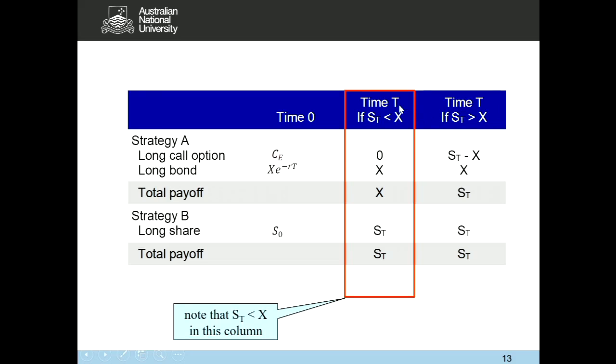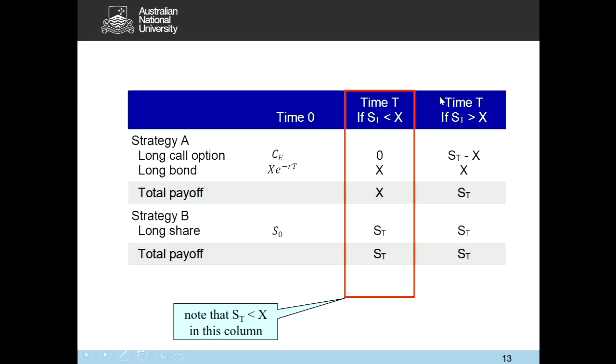Now we're able to show that in the low state, when the share price is lower than the strike, the cash flow from the first portfolio is X, and the cash flow from the second portfolio is ST. And we understand that ST is lower than X, so the first portfolio dominates the second portfolio when the share price finishes lower than the strike. So that's what we demonstrated in Monday's lecture.